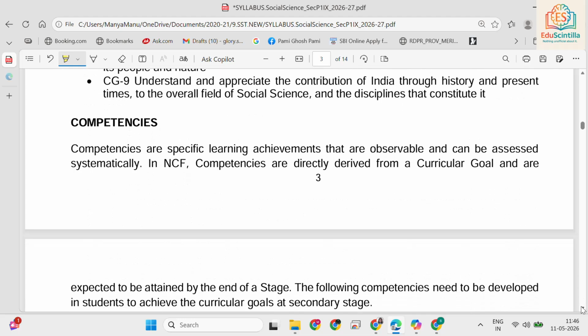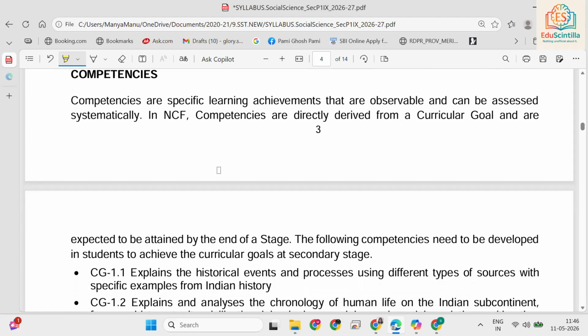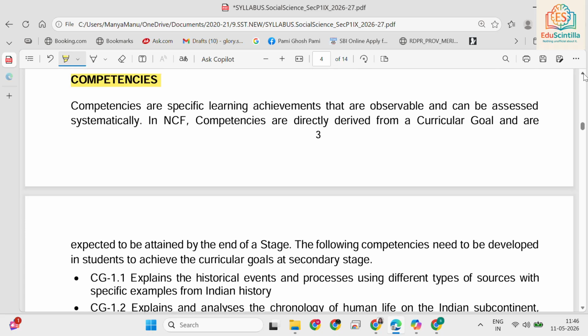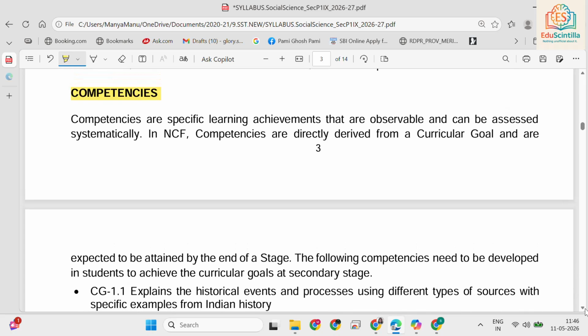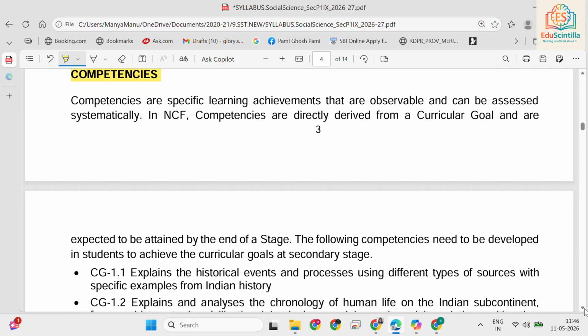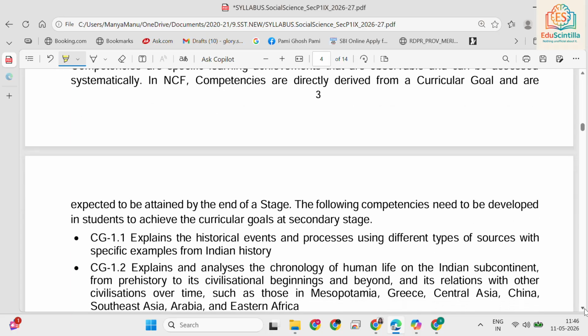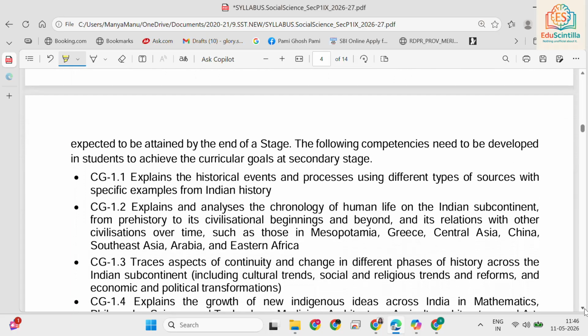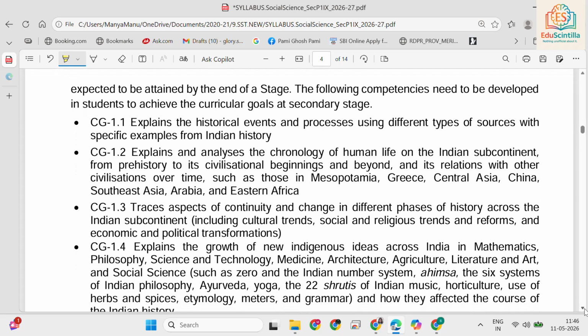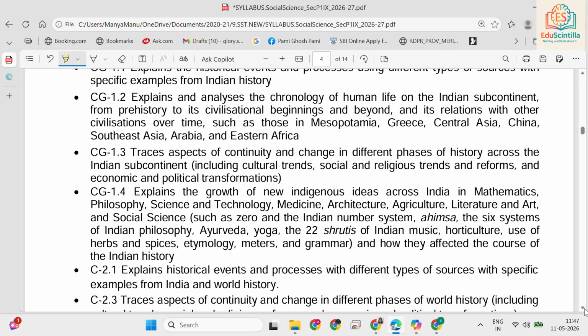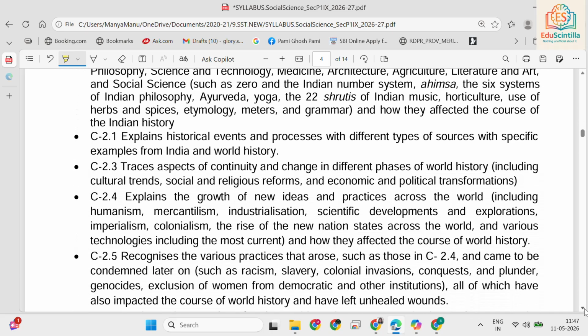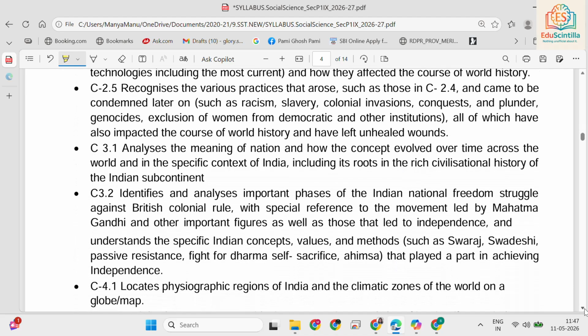Then the competencies. Competencies are specific observable skills or abilities that students develop to reach these curriculum goals. So they are measurable achievements like interpreting maps, analyzing historical sources, explaining economic concepts, and evaluating environmental issues.